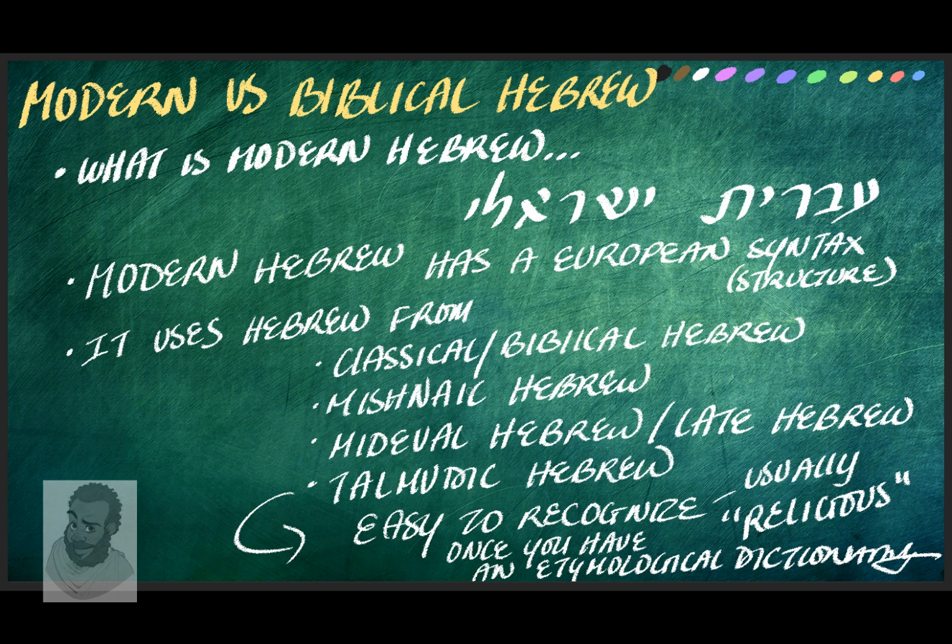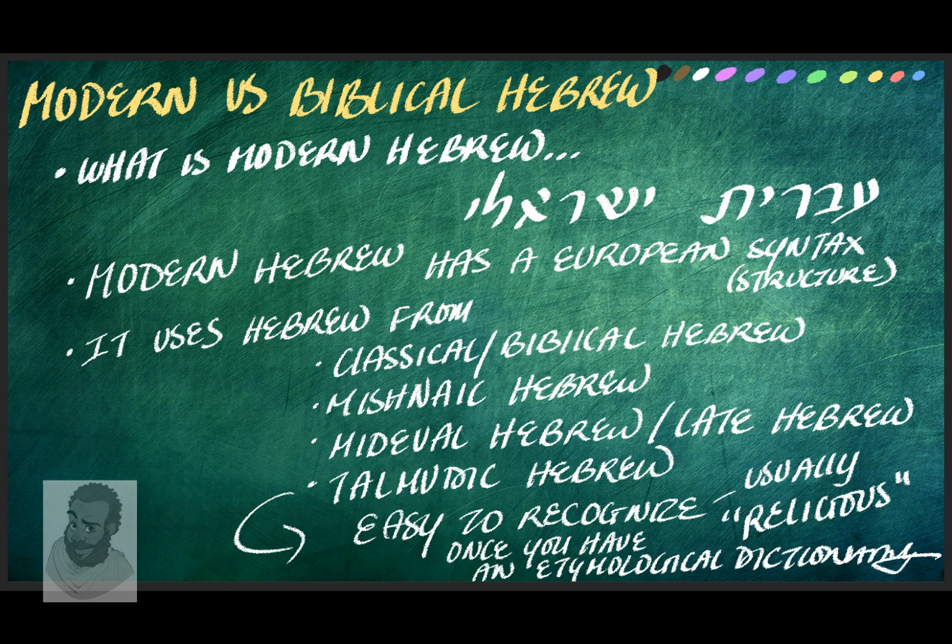Talmudic Hebrew is easy to spot once you become advanced. When you're in the beginning, you don't know, and they wouldn't use it in the books in the beginning. When you become more advanced, then you'll see it. The best way of knowing is if you have a lexicon, an etymological dictionary, then you'll be able to spot and pick up on it.